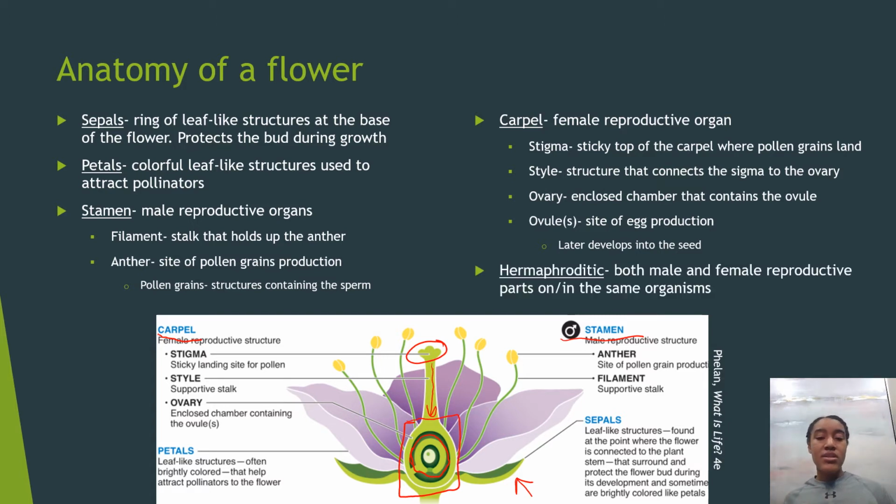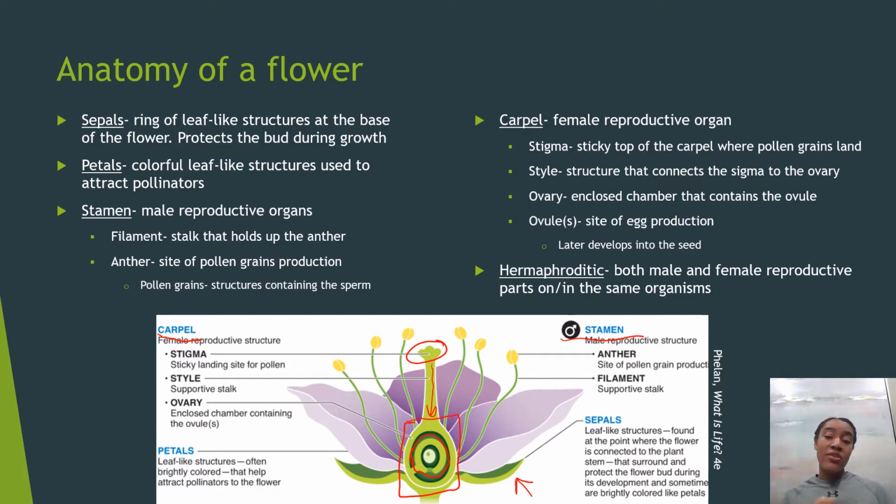So plants that contain both the male and female organs within the same plant are called hermaphroditic. Another word you might hear is monoecious, and that just basically means both the male and female gametes and reproductive structures are located within the same organism. So in this case, it's very easy to see. In a single flower, we have both our male and female reproductive organs, and our male and female gametes are located within the same flower.